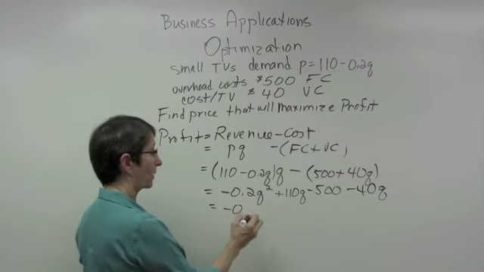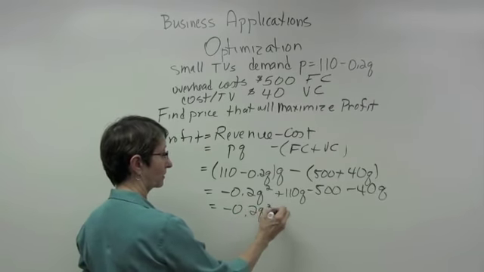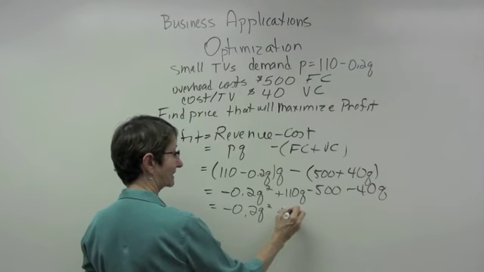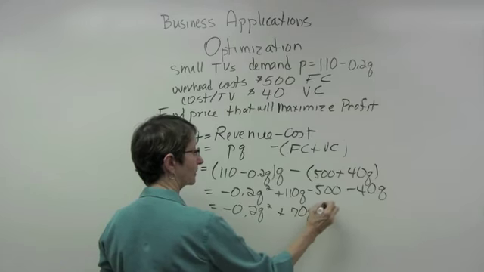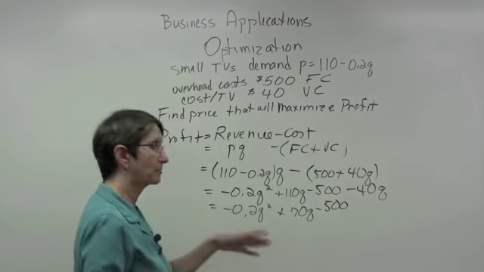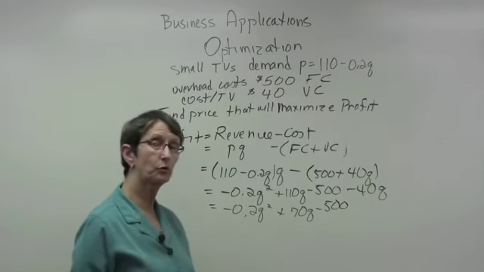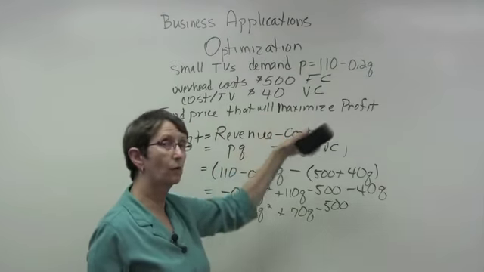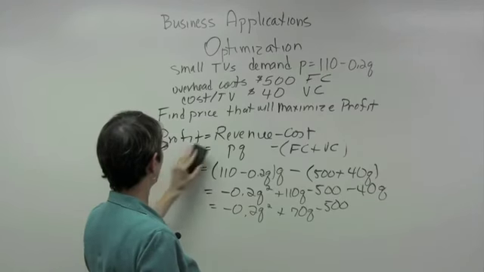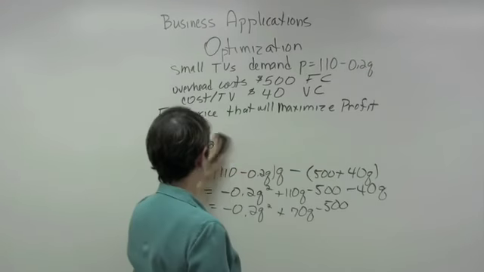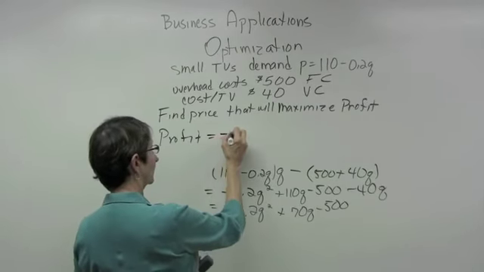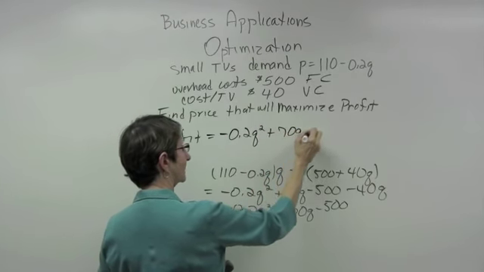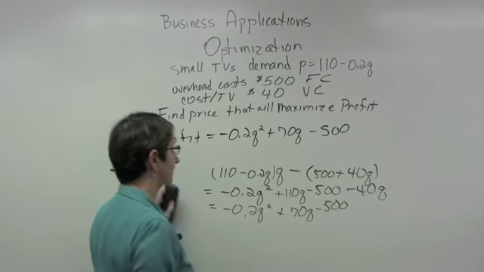So the actual profit equation is negative 0.2Q squared. 110 minus 40 is plus 70Q minus 500. That's my profit equation. That's what we have to work with now, so that we want to find the price that will maximize profit. So our profit equation, negative 0.2Q squared plus 70Q minus 500.